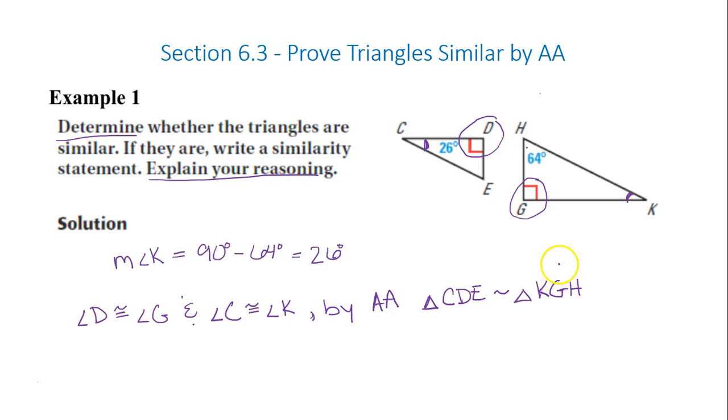Now, just like a congruent statement, your angles have to correspond to each other. In a similarity statement, all your angles have to correspond to each other too. So C is congruent to K. We figured that out. D is congruent to G. Well, we know that. And we should know that the third angle, E and H, are also congruent. So there is our similarity statement and our reasoning behind it.